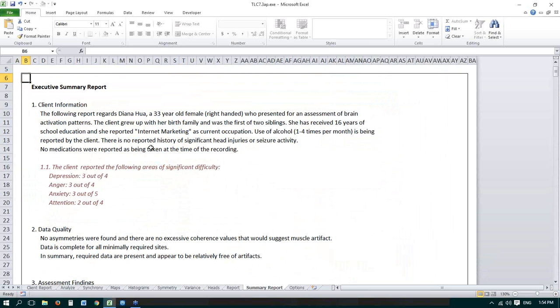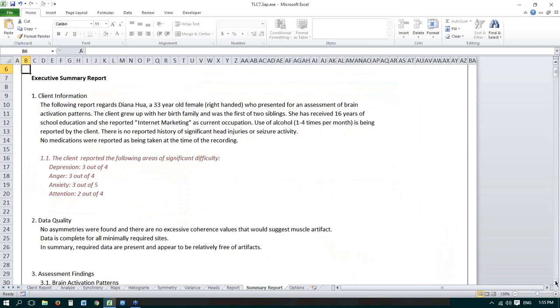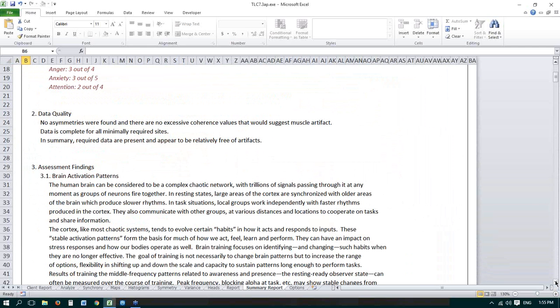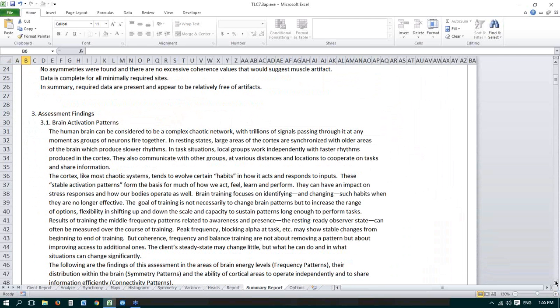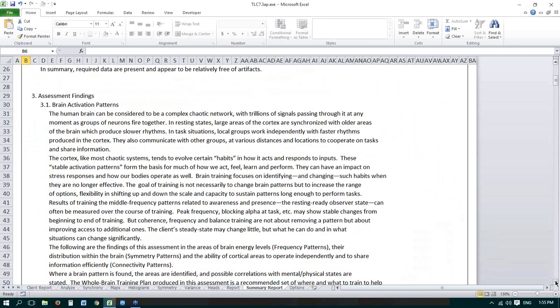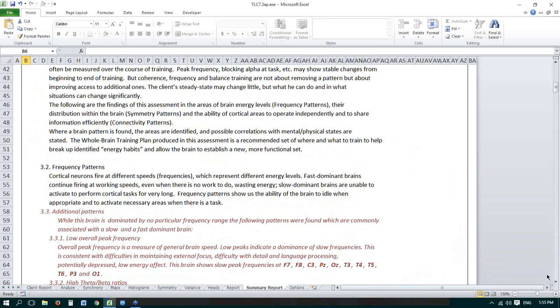So it starts out, gives us some information about the client, and then if the client has reported issues that were apparently important, those are listed here. There's a section on the apparent data quality. Were there any things that indicated that there may have been a bad recording? And then there's a section on the findings, starting off with brain activation patterns, particularly talking then about frequency.